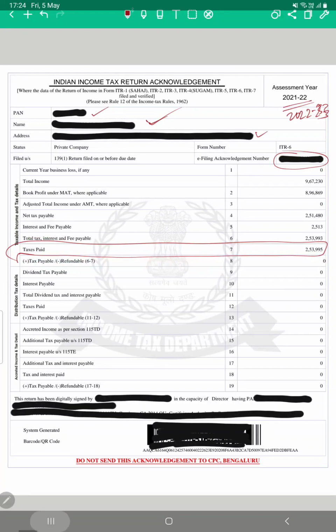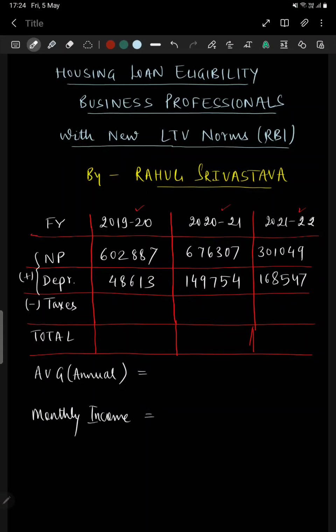Now when he has paid these taxes, as we said we have presumed it for assessment year 22-23, so how much will the taxes be? The taxes here will be 2,53,995. Same way suppose for 2020-21 it is 2,50,000 rupees.